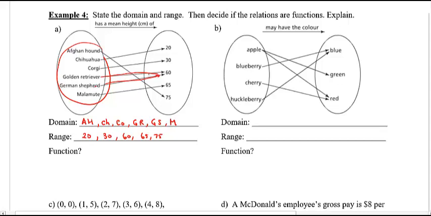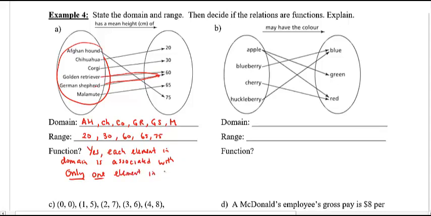They're still only connected to one element. So I'll say, yes, it is a function. Each element in the domain is associated with, and this is the key word, only one element in the range.